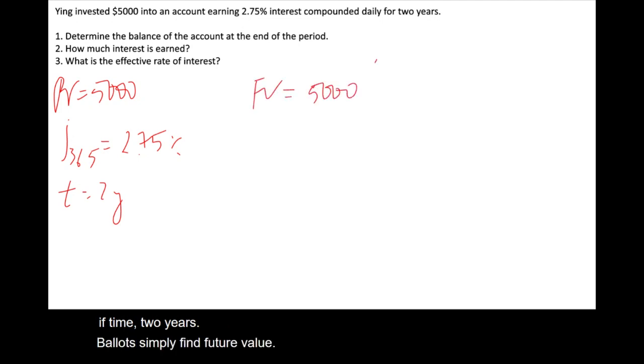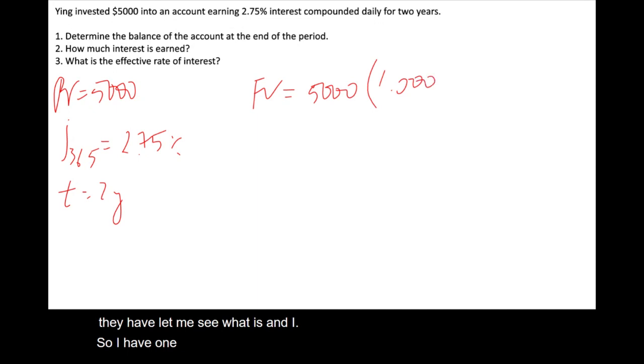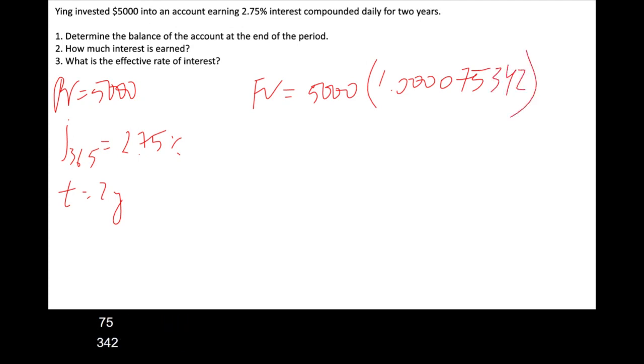5,000. And let me see what is i. So I have 1.000075342. Okay, exponent is 730.